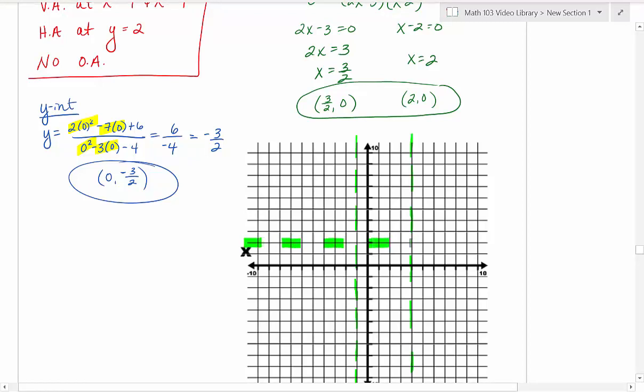Fortunately, my highlighter won't go skinny this way. I'm going to plot the 3 points that I have: 0, negative 3/2, 3/2, 0, and 2, 0.